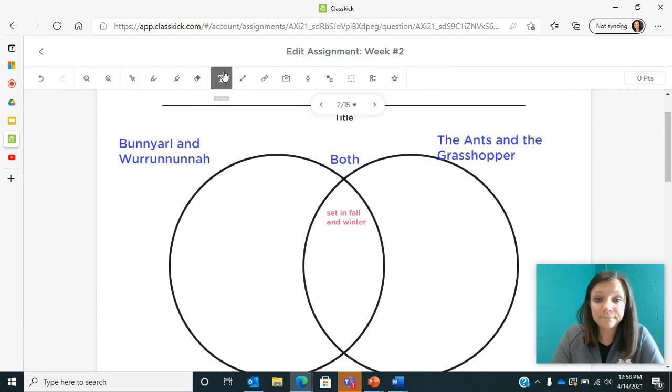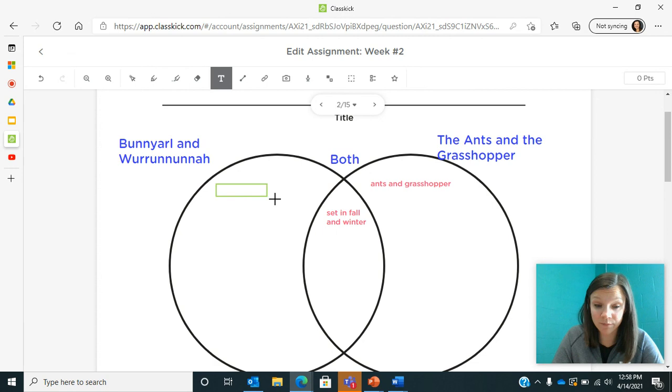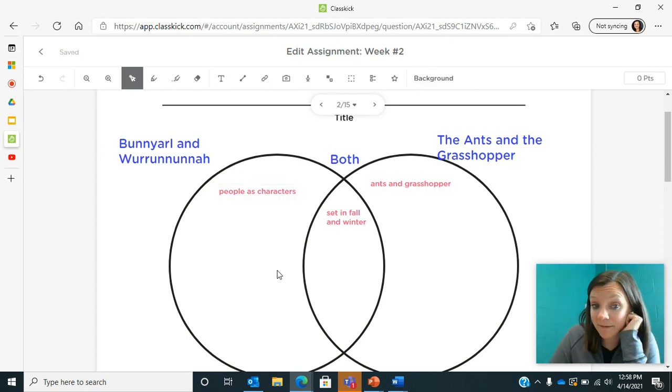So looking at the ant and the grasshopper, how are they different? The characters in the ant and the grasshopper are ants and grasshoppers, where Bunny Yarl and Warrenuna doesn't have ants and grasshoppers, they have people as characters. That's all I'm going to do.